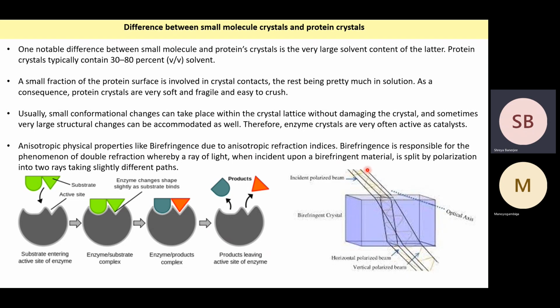In this example, you can see that the incident beam has struck the crystal, and when it emerges from the crystal, there is a horizontally polarized beam as well as a vertically polarized beam. Now in protein crystals, the refractive indexes are different, and so this can happen, but this does not happen in case of small molecule crystals.